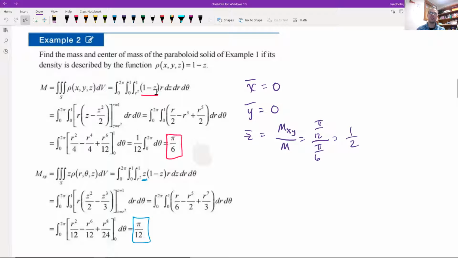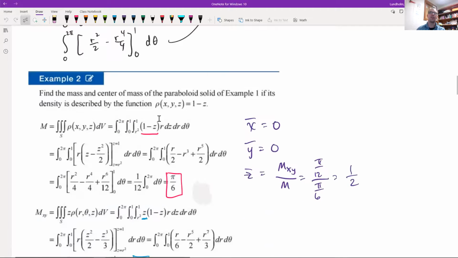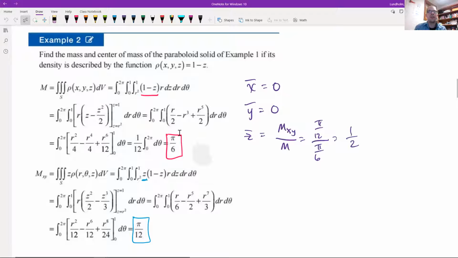The mass integral just looks like what we just did for finding the volume, except instead of 1, 1 minus z is our density function. Still using the r dz dr d theta for our volume differential. In that integral, you get pi/6. In the moment integral, where you multiply by z in front of everything else that we had in the mass integral, you get pi/12, and then when you divide those two things, you get 1/2.